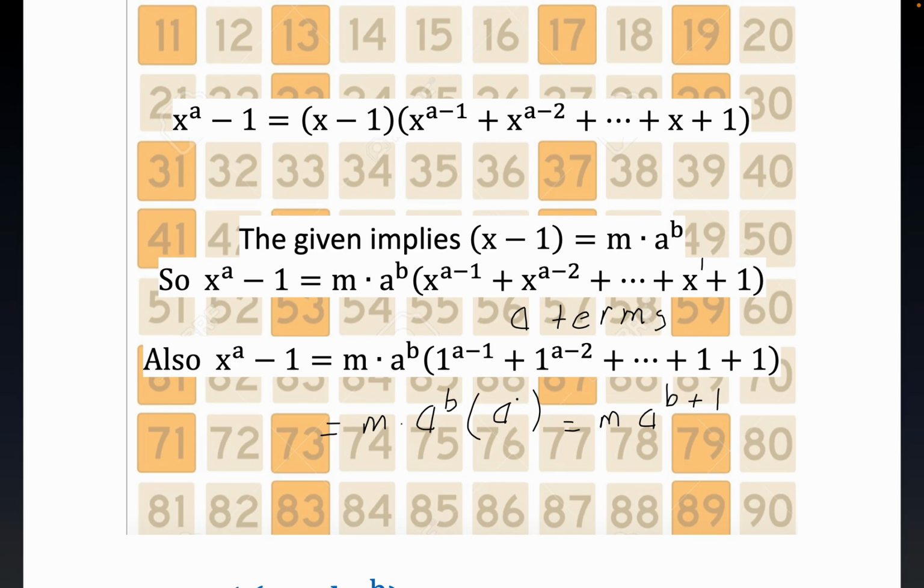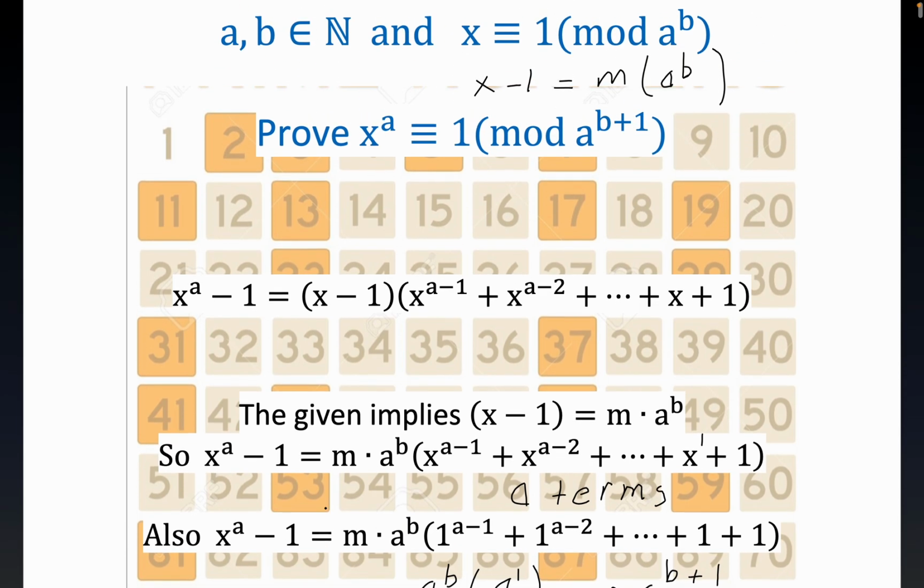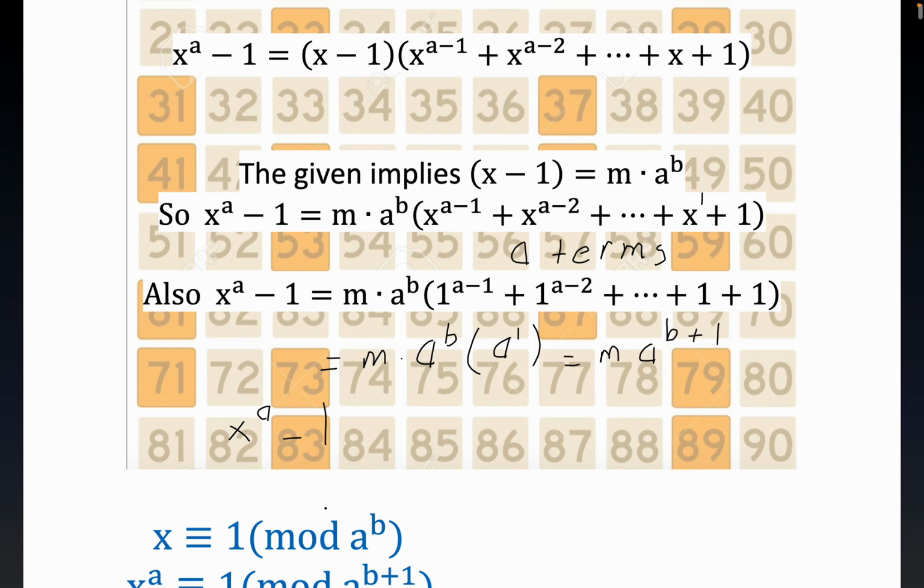Okay, so again, there's an understood 1 right here, right? So that's equivalent to saying x to the a minus 1. Well, wait a minute. Let's just go ahead and write it in the congruence fashion. x to the a is congruent to 1 modulo a to the b plus 1.